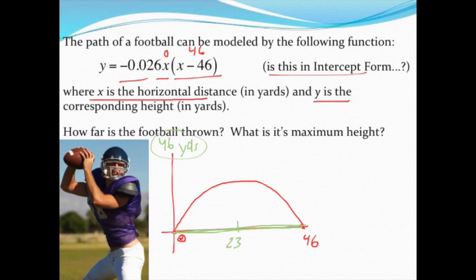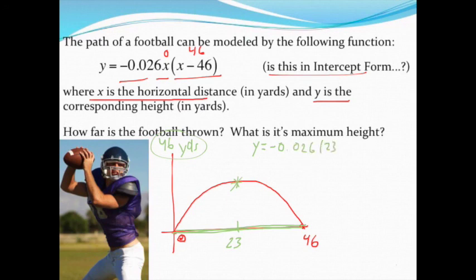yards. So that's where the football will be at its highest point, but that's not actually the highest height of the football. To do that, we want to find the y value of the vertex, the maximum value. So like we did previously, let's go ahead and plug our 23 in for x. So my equation was -0.026 times the x value, which we're going to use 23.